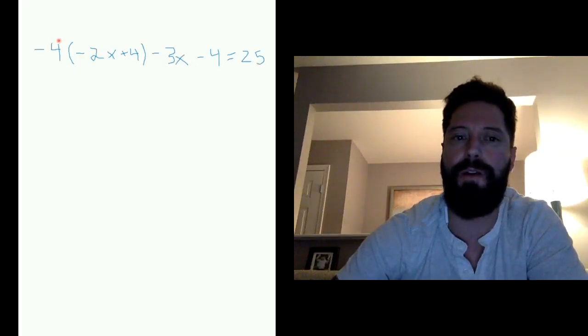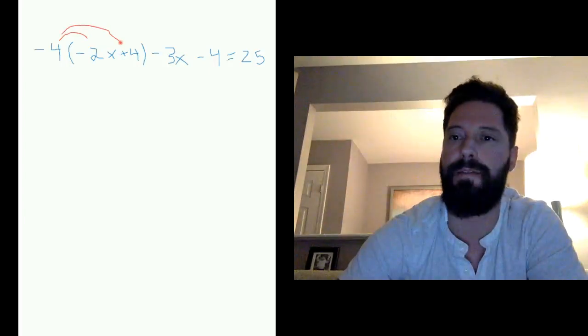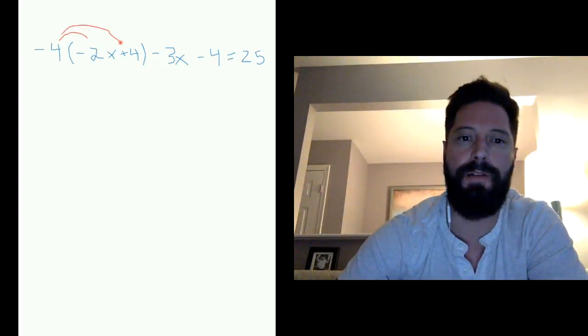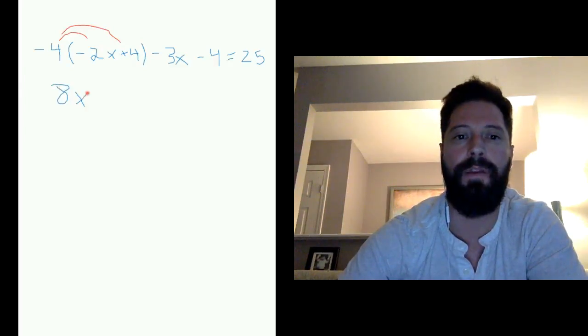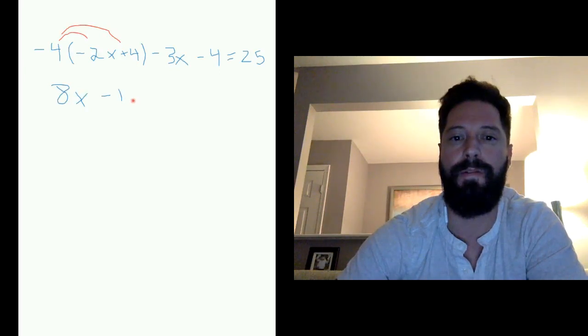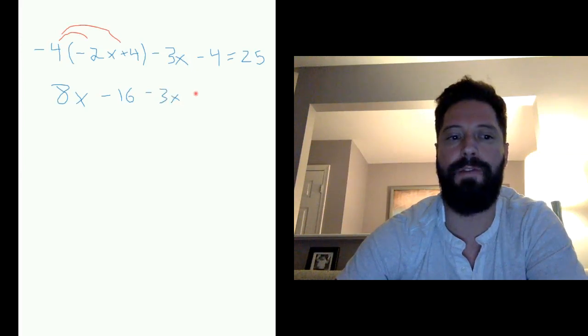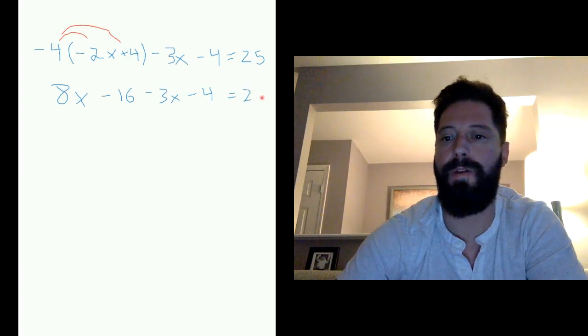This one just requires some distribution. I literally pulled this right off of Delta Math. So this is going to be positive 8. The negative 4 times the negative 2x is positive 8x. Negative 4 times positive 4 is minus 16. We still have a minus 3x here, a minus 4, and equals 25.